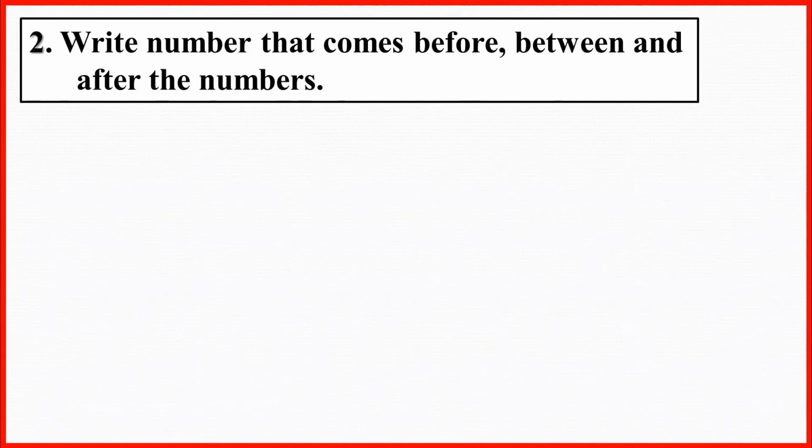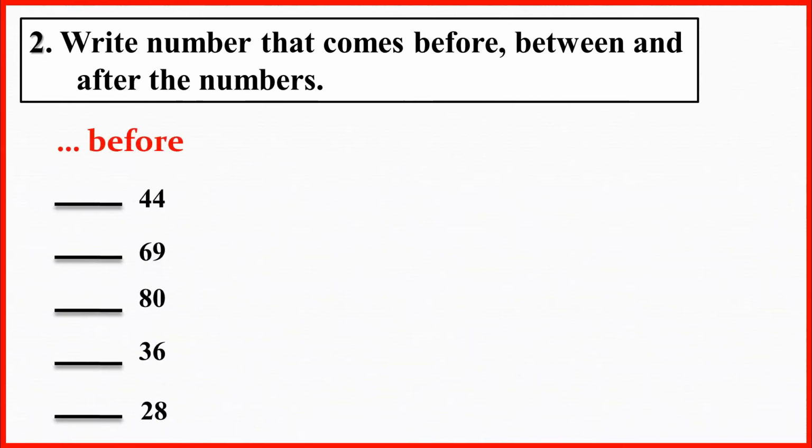Now I'm going to do question number 2. Write the numbers that come before, after and in between the numbers. First, write numbers that come before the number. So what number comes before 44?